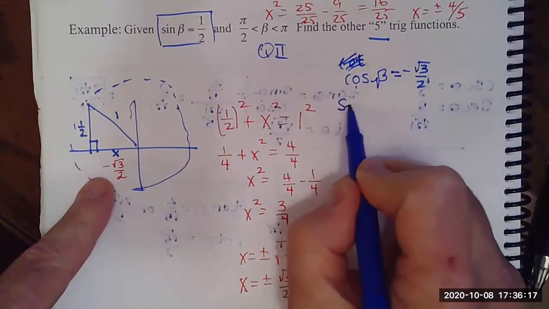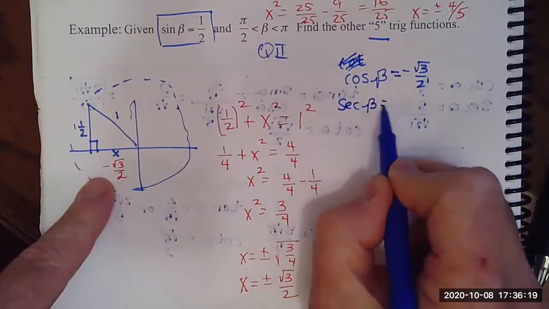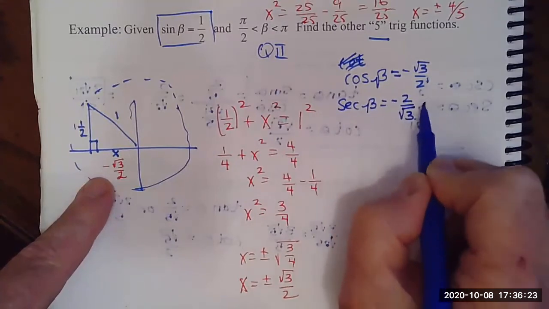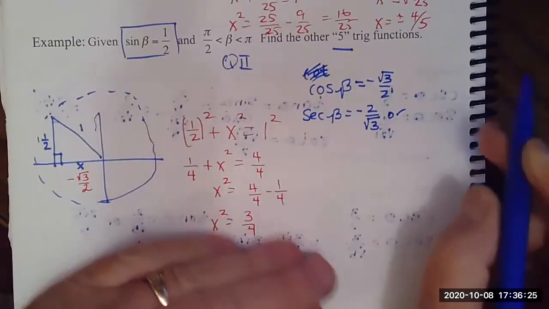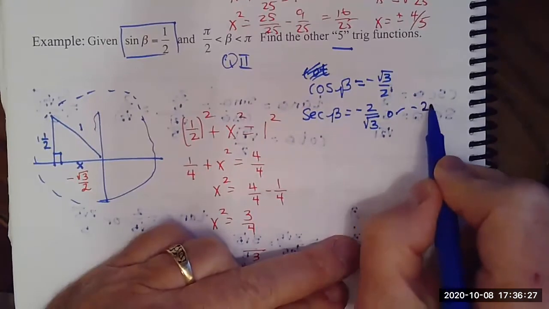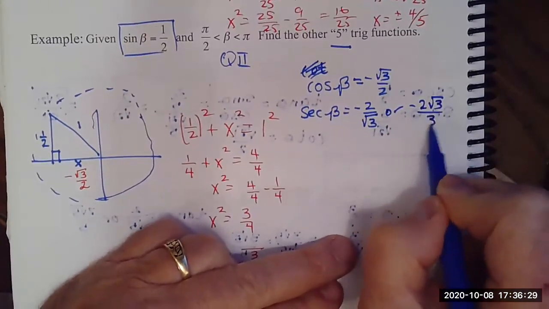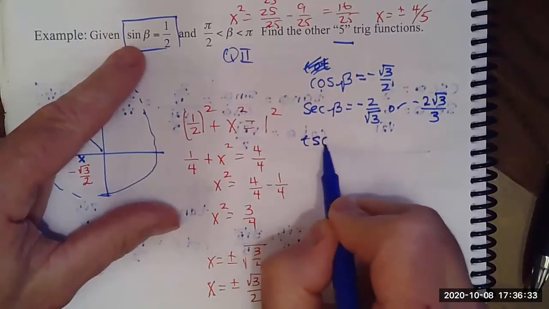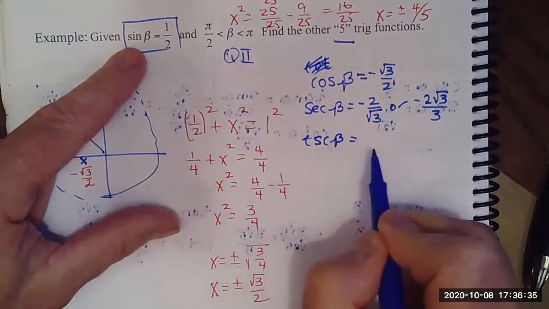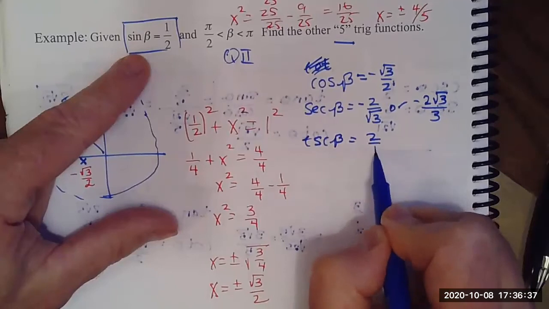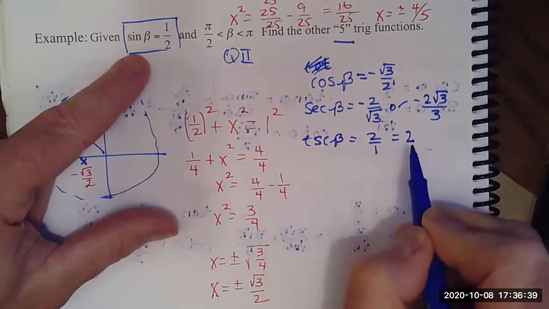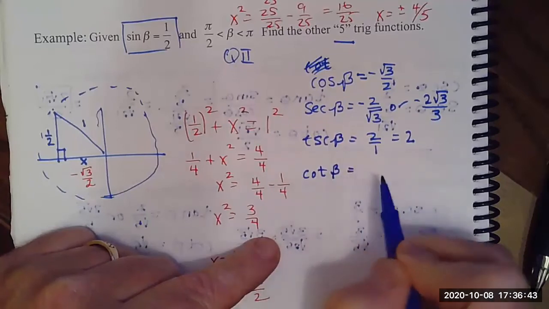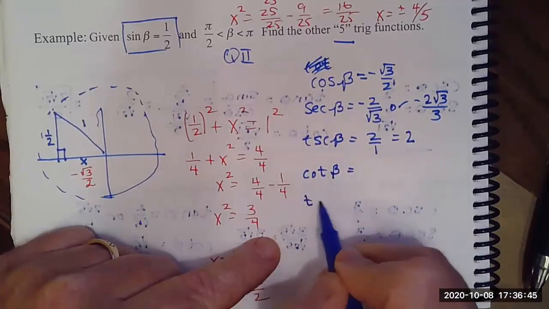Reciprocal of this is secant. Negative 2 over root 3. Or if you rationalized the denominator, it's negative 2 root 3 over 3. Reciprocal of sine is cosecant, and that's 2/1, or 2. Cotangent of beta and tangent of beta.